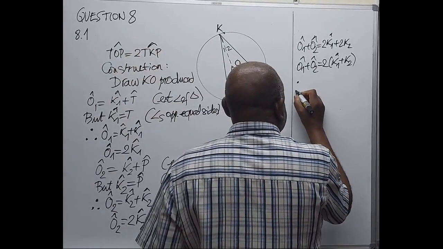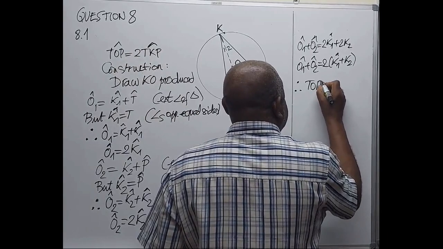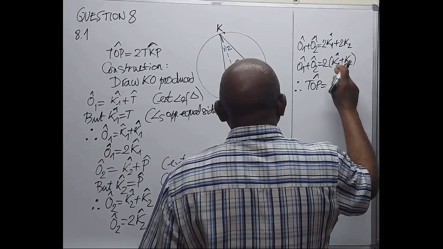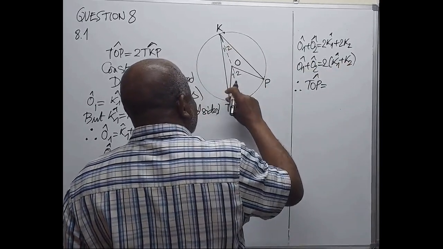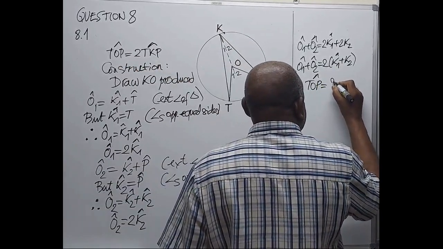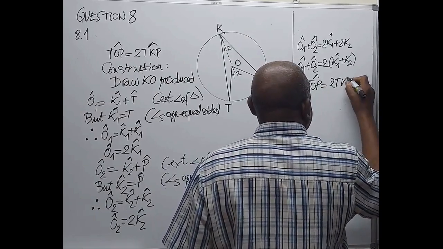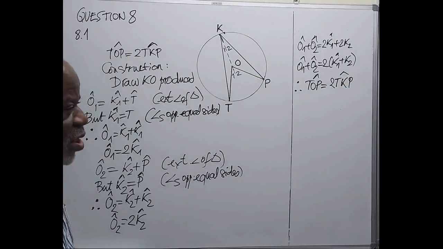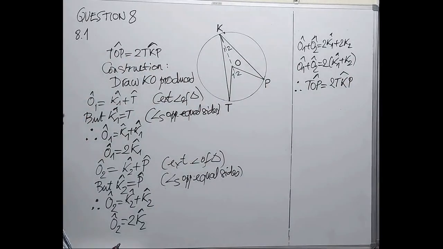Therefore TOP will be equal to 2 times K1 plus K2. K1 plus K2 is the angle TKP, and then we get 2TKP. Then we are done with question 8.1.